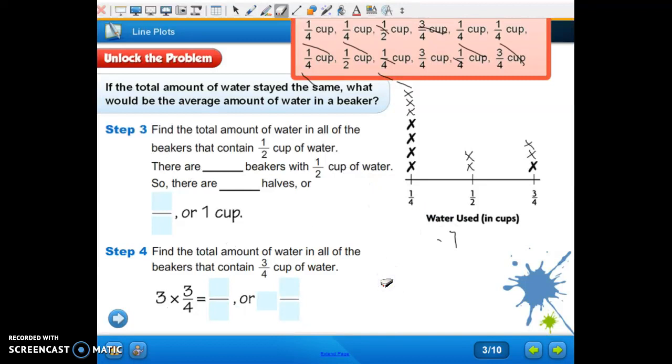Okay, so step 3, it says to find the total amount of water in all the beakers that contain 1/2 cup of water. There are how many beakers with 1/2 cup of water? How many X's do we have? 2. So there are 2 halves or 2 over 2, right?